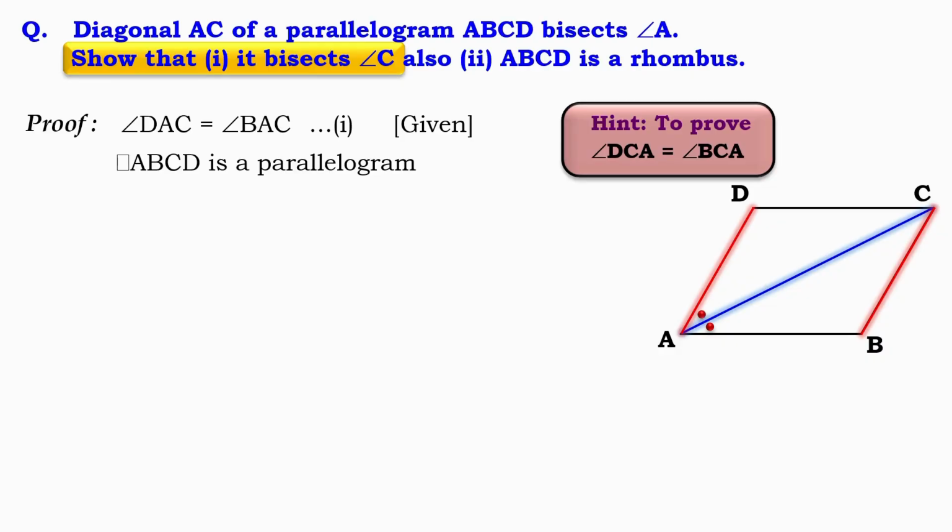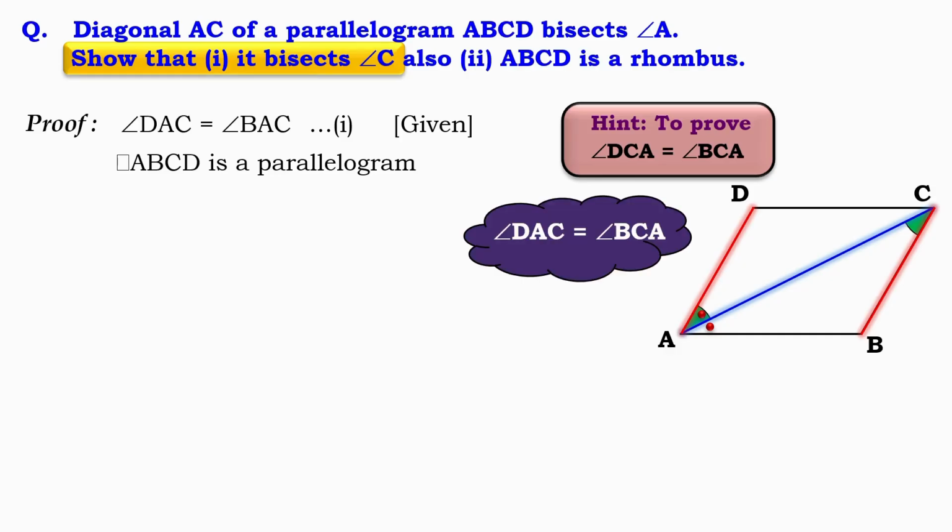So now AD is parallel to BC, and AC is the diagonal, but with respect to the parallel lines it is also the transversal, isn't it? Because it intersects the parallel lines at two different points. So as we know, alternate interior angles are always equal, so angle DAC is equal to angle BCA. These are two alternate angles.